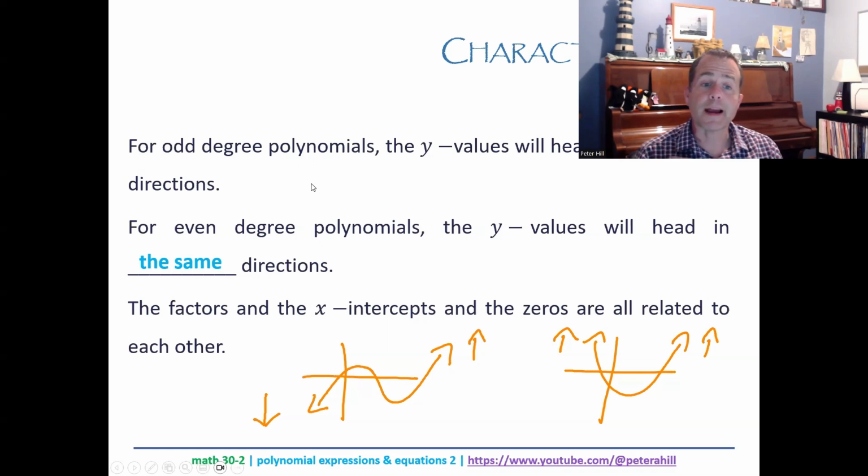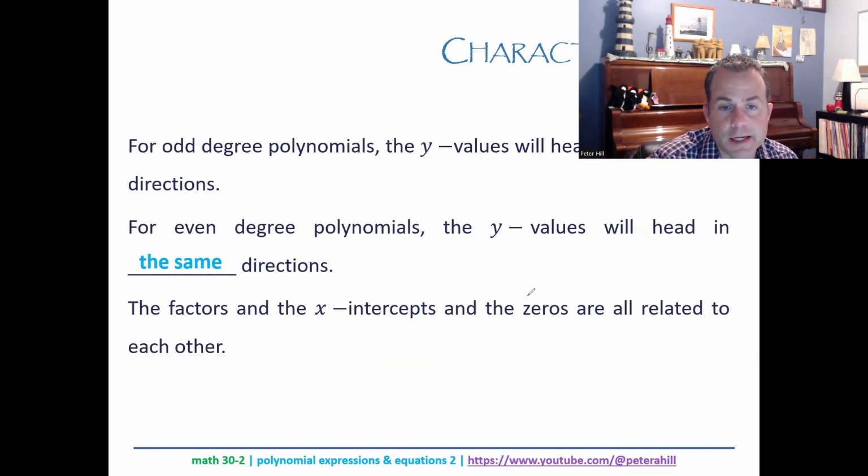And then the factors and the x-intercepts and the zeros are all related to each other, and that was the slide we did right before our summary. Zeros say x equals some number. Now you're losing faith in me, so let me write it down. Let's just pick 3 as an example. The zero would say x equals 3.